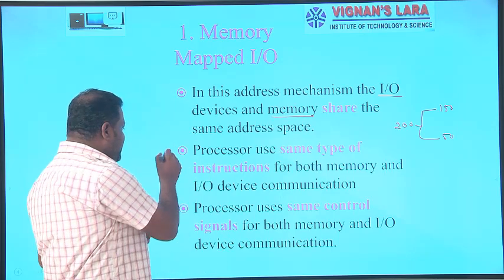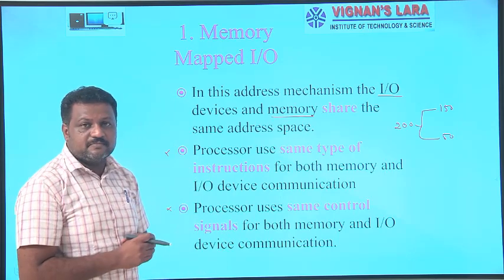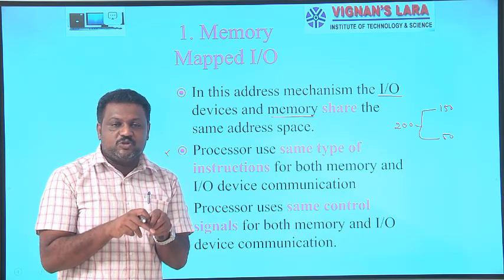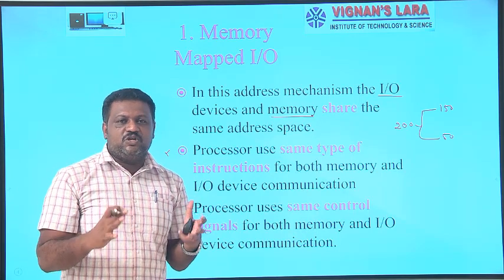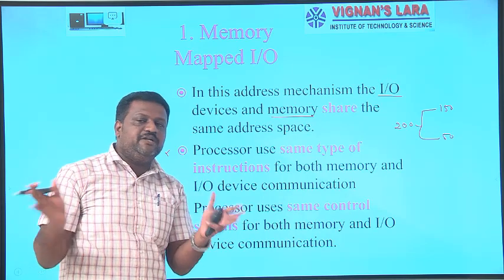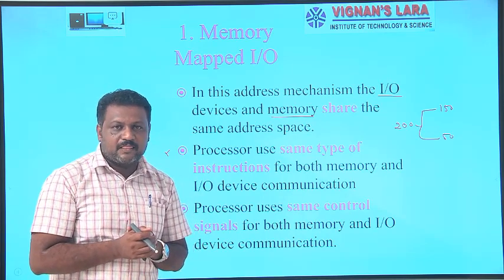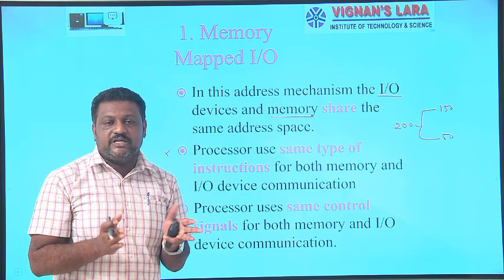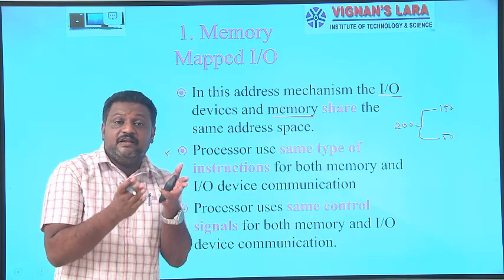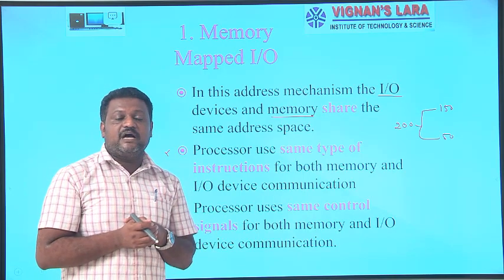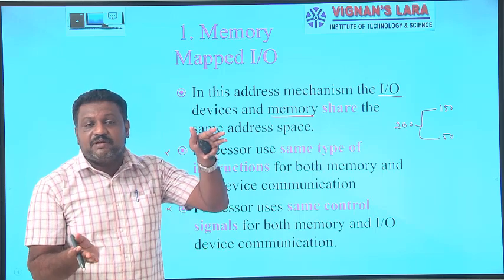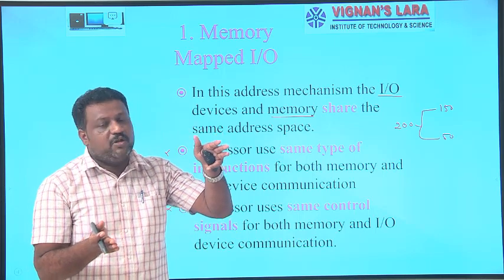What advantage are we getting from the second and third points? Once your processor or CPU uses the same type of instructions to communicate with IO devices that it already uses for the memory, in the CPU instruction set you need not maintain dedicated instructions to communicate with IO devices. Due to that, the number of instructions present in the instruction set may not increase.